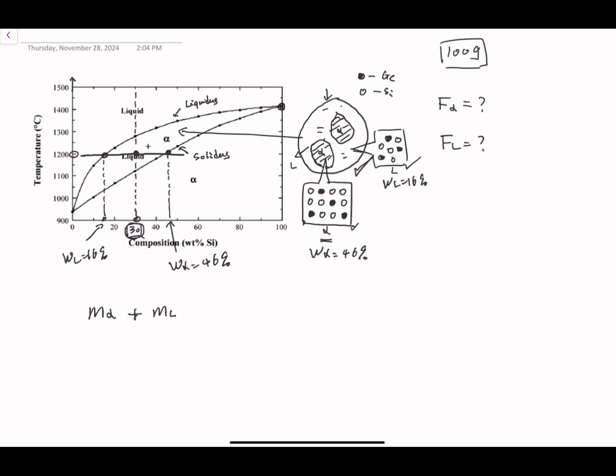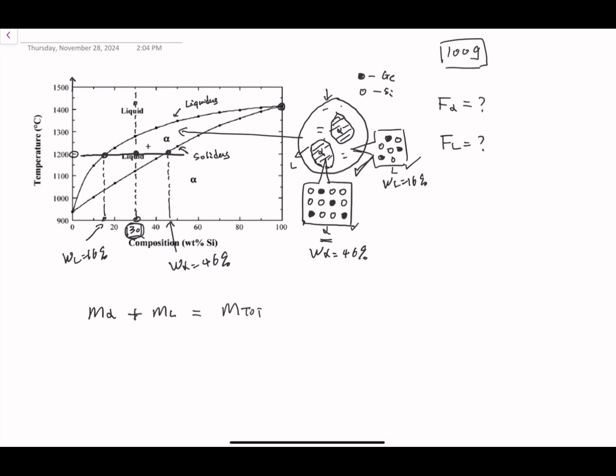After the system becomes two phases, the total mass equals the total mass of the system before the separation. Originally the system is in a single liquid solution, just a single homogeneous phase. Now it's separated into different phases, but the total mass still equals the original one. So we have one conservation equation for the total mass.